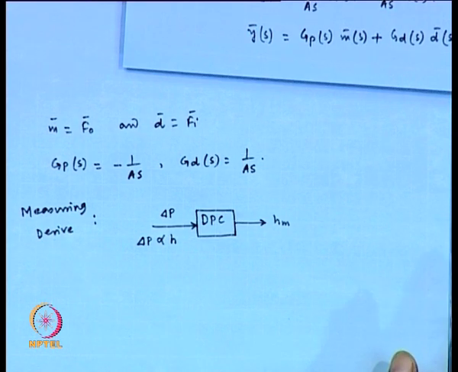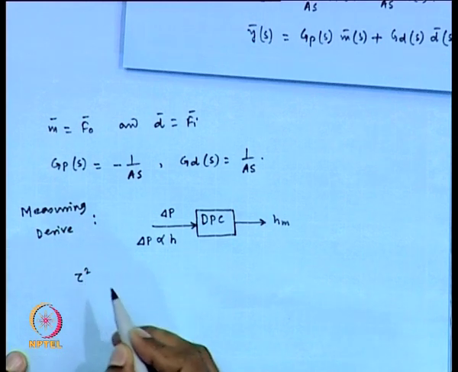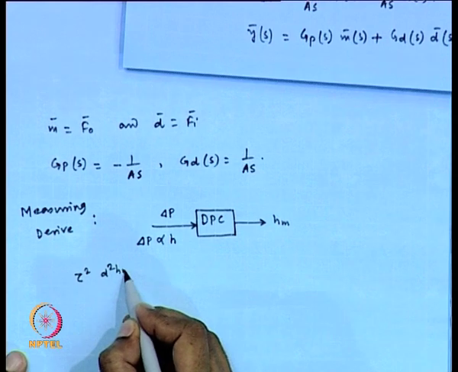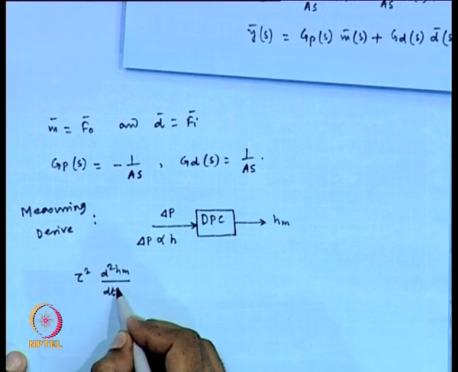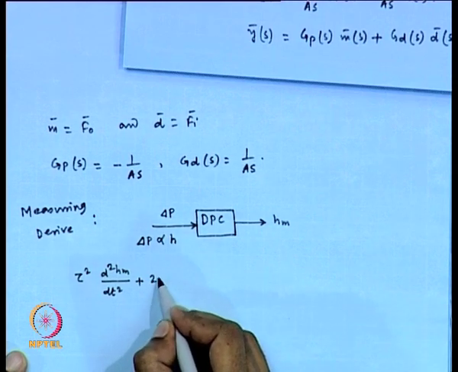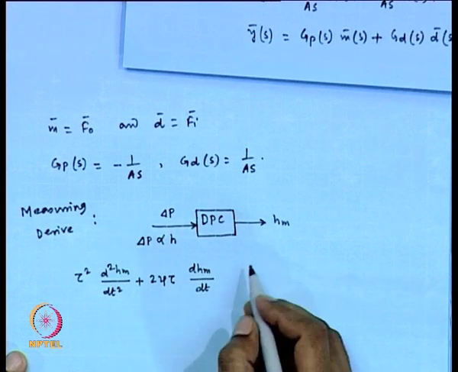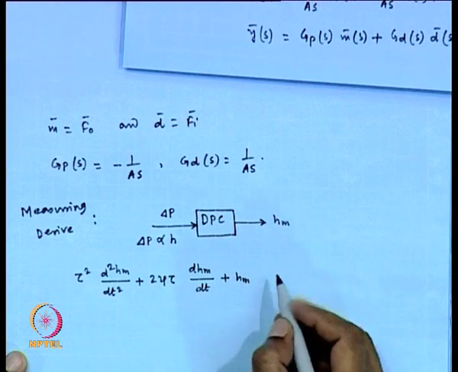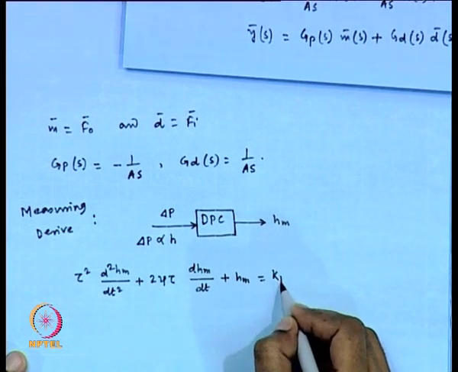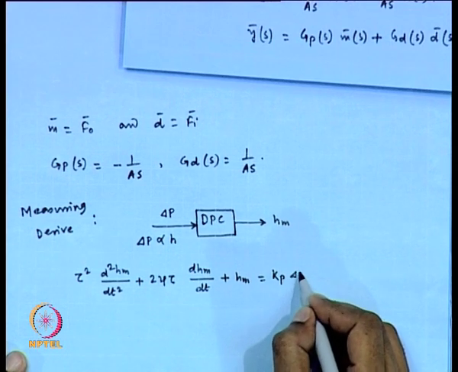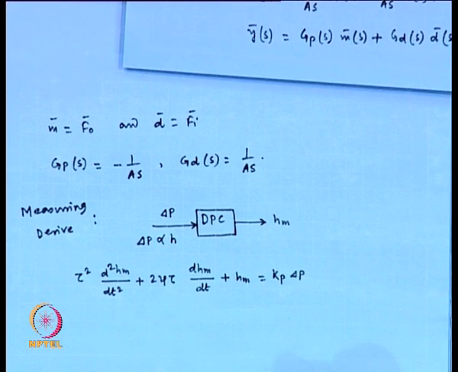Now, considering second order dynamics of this differential pressure cell, we can write the modeling equation as tau square d2 H_m by dt square plus 2 zeta tau d H_m by dt plus H_m equals K_p ΔP.